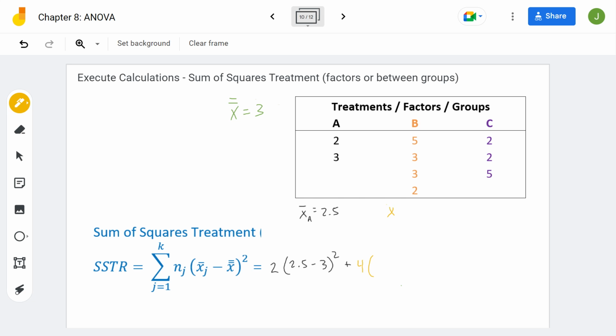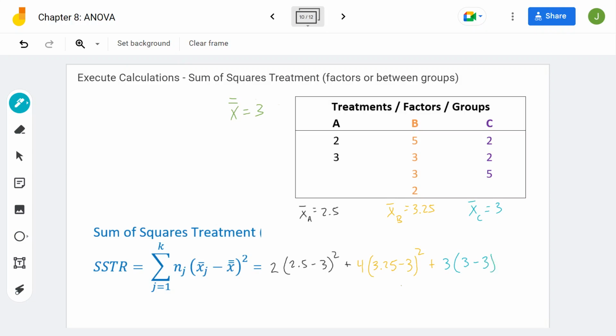If you recall, our mean of column B was 3.25. So down here, I'm going to have 3.25 minus my overall mean of 3 squared. And then my last column, I have a sample size of 3. My mean of column C was equal to 3, so this is going to be 3 minus my overall mean of 3 squared.